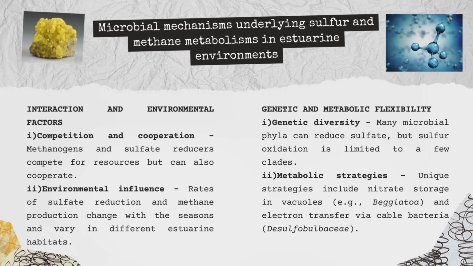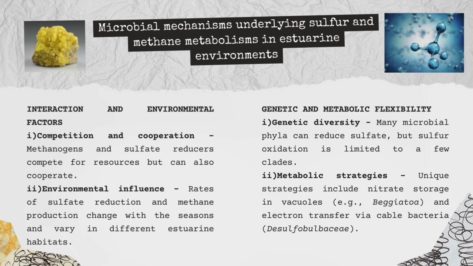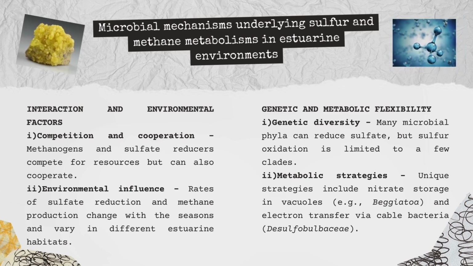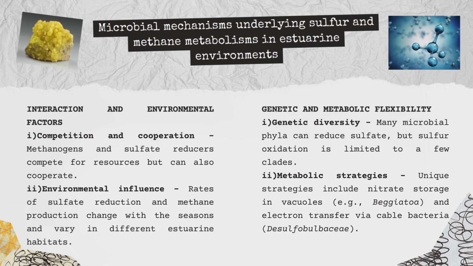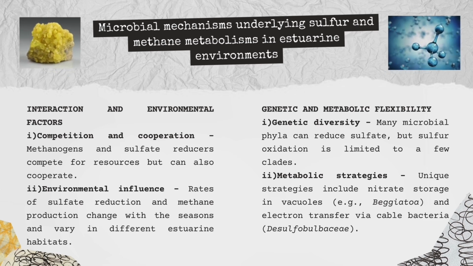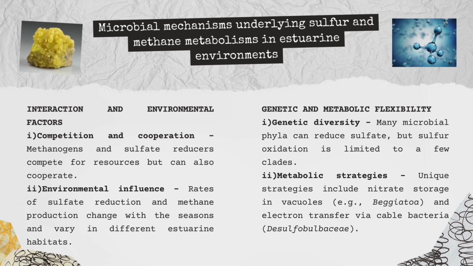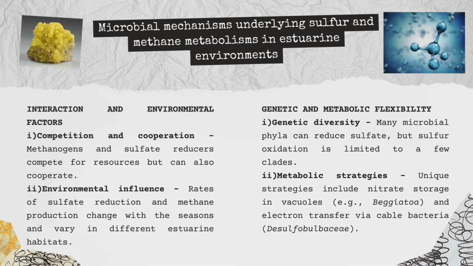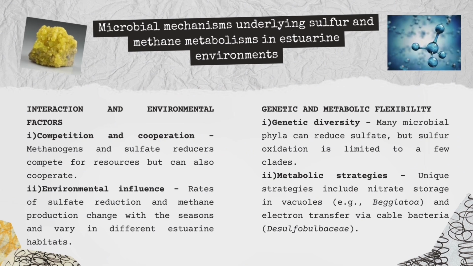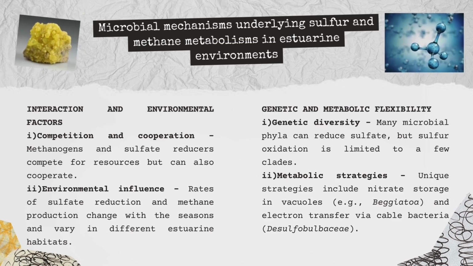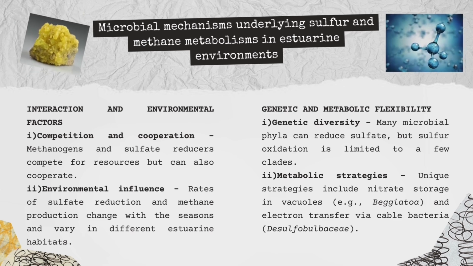Regarding genetic diversity, sulfate reduction can be carried out by multiple microbial phyla, while sulfur oxidation is more restricted to specific clades. For metabolic strategies, unique strategies include nitrate ion storage in vacuoles, such as in Beggiatoa, and electron transfer through cable bacteria such as Desulfobulbaceae. As for the conclusion, this captures the key microbial mechanisms and interactions involved in sulfur and methane cycles within estuarine ecosystems.